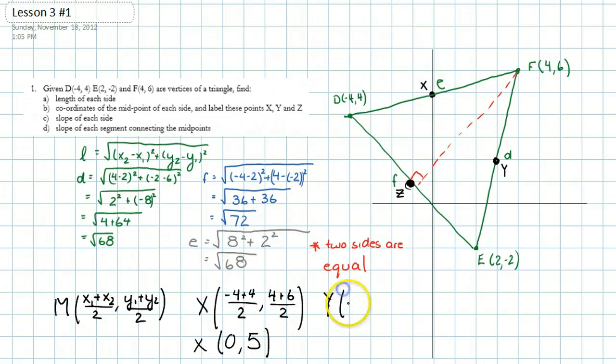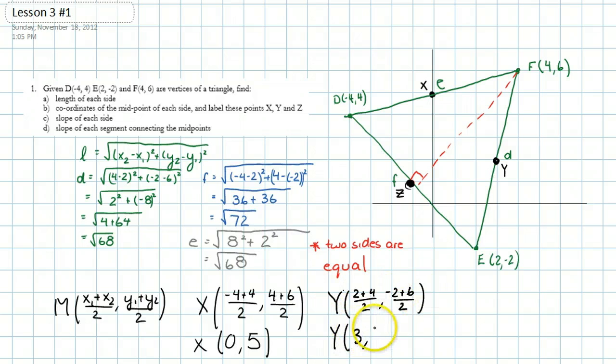Y is going to be (2 plus 4) over 2, comma, (negative 2 plus 6) over 2. So Y is going to be the point 3, comma 2. That checks out.